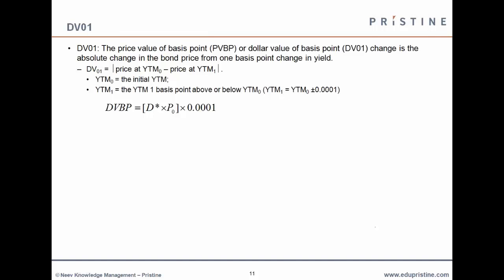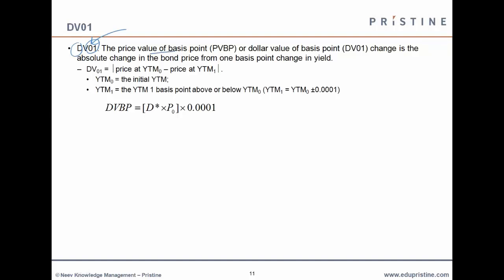Okay, so this is the last topic before we talk about the FRM program that is offered. This is the last topic, which talks about what DV01 is. DV01 stands for duration when the change in yield is 0.1.